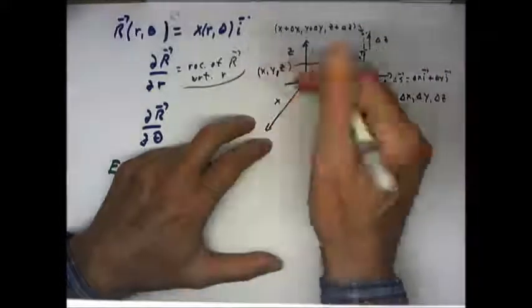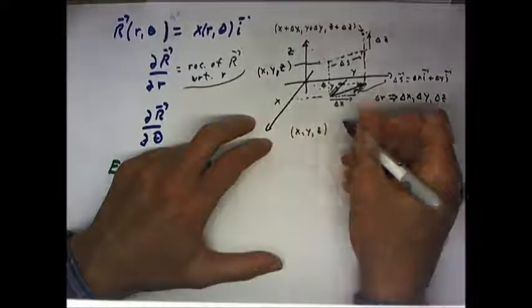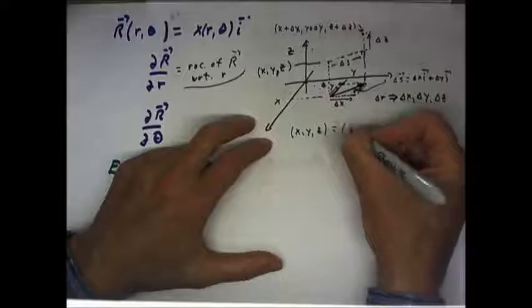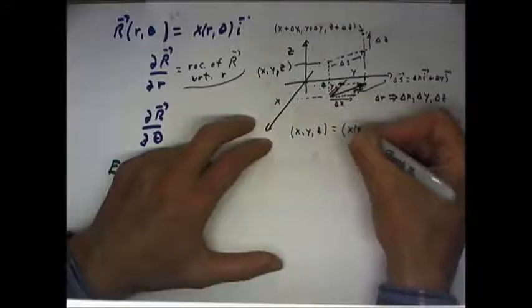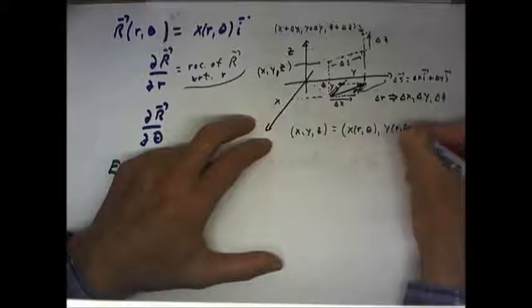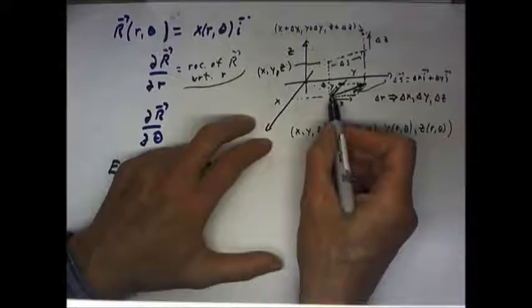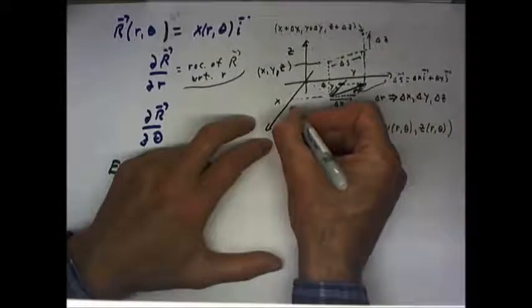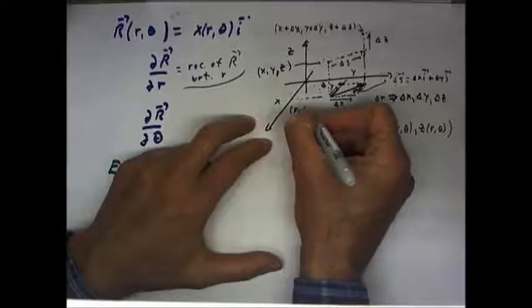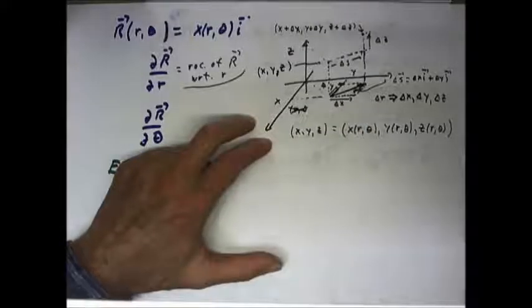Where our x, y, z point is x of r theta, y of r theta, z of r theta, r theta being the polar coordinates. Take that back. Let's ignore that.